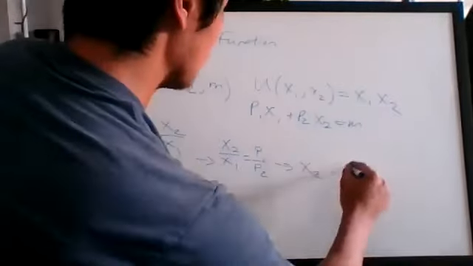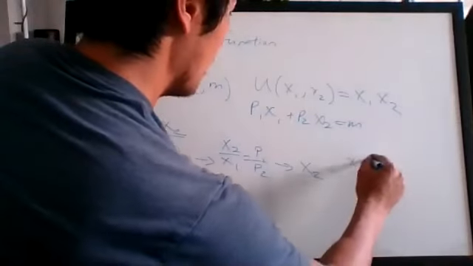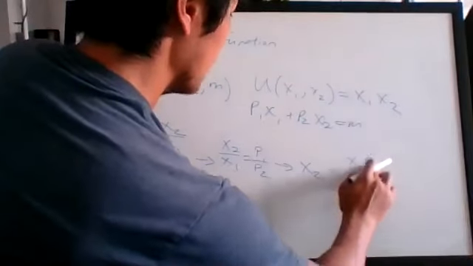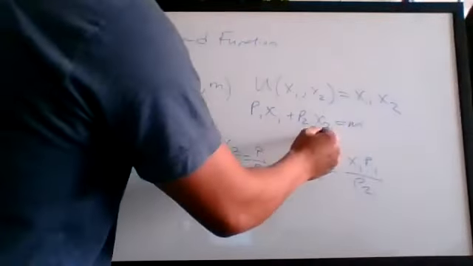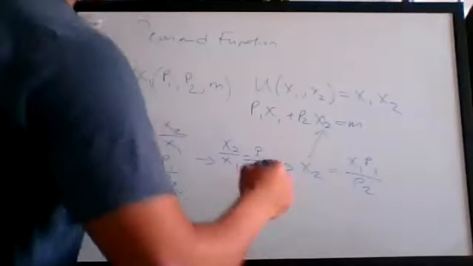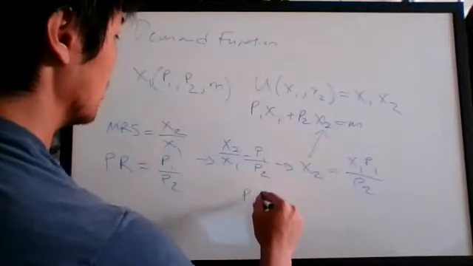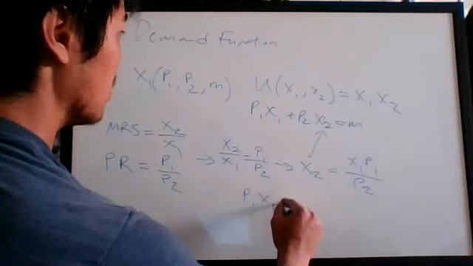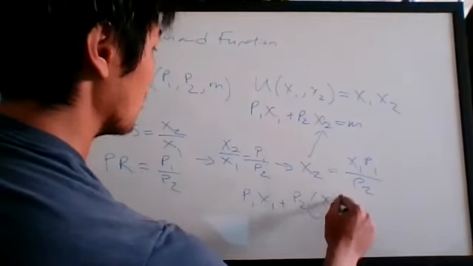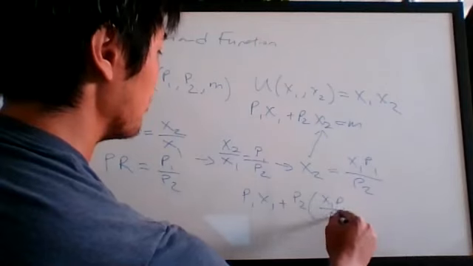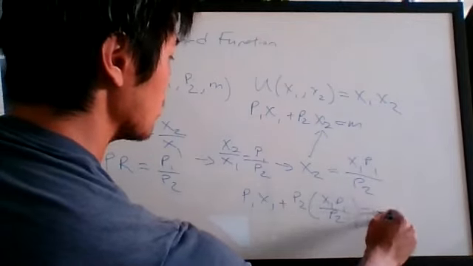So x2 is going to be equal to x1 times p1 over p2. And so now when I plug this back into here, I'm going to get something that looks like p1 x1 plus p2 times x1 p1 over p2 is equal to m.